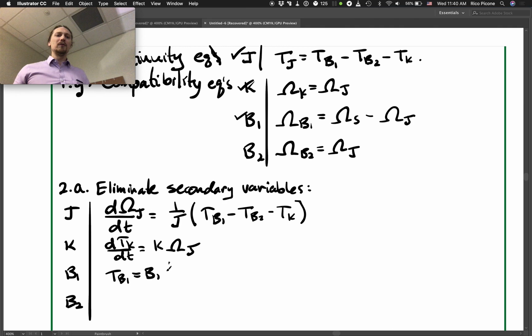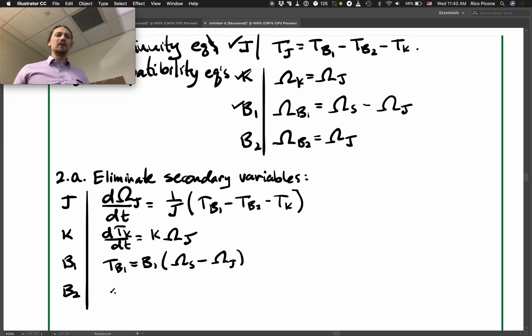So omega B1 is just omega S minus omega J. Finally, we have TB2 being equal to B2 times omega B2, which we also have a compatibility equation for, and we can just say omega J.